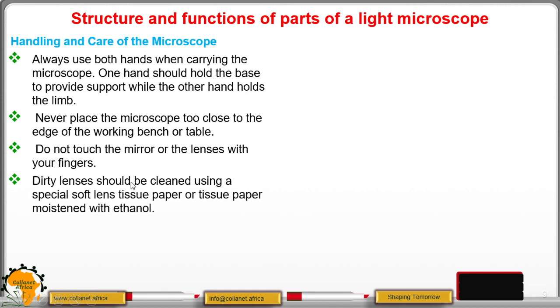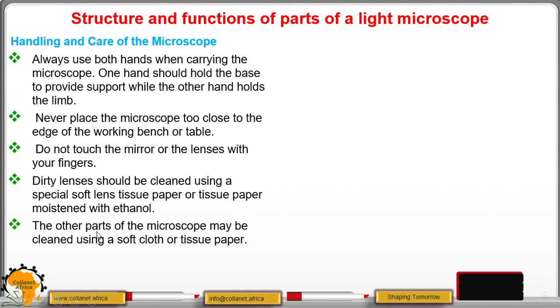The dirty lenses should be cleaned using a special soft lens tissue paper or tissue paper moistened with ethanol. The other parts of the microscope may be cleaned using a soft cloth or tissue paper. And do not wet any part of the microscope, as this can cause rusting.